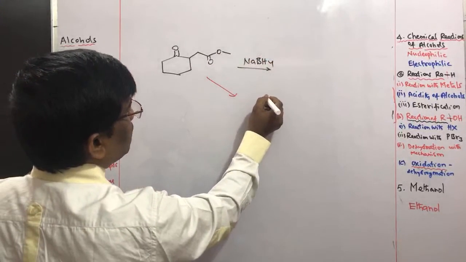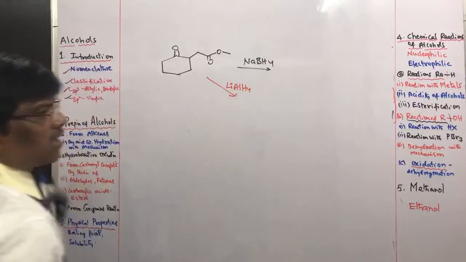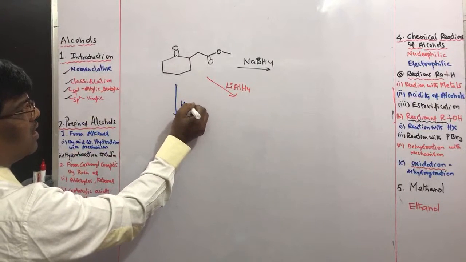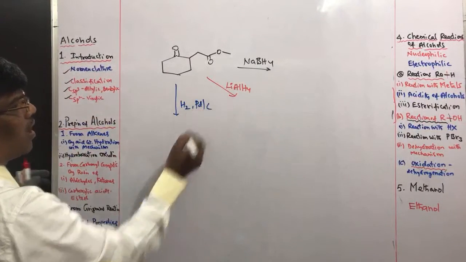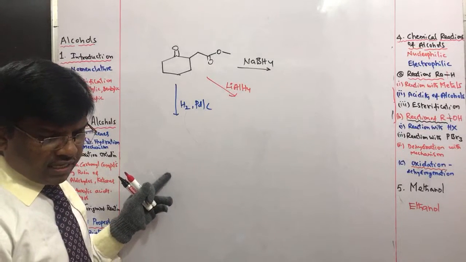And if I reduce it with lithium aluminum hydride, what is the compound? And if I reduce it with hydrogen, palladium on carbon, what is the product? Just try to answer this.